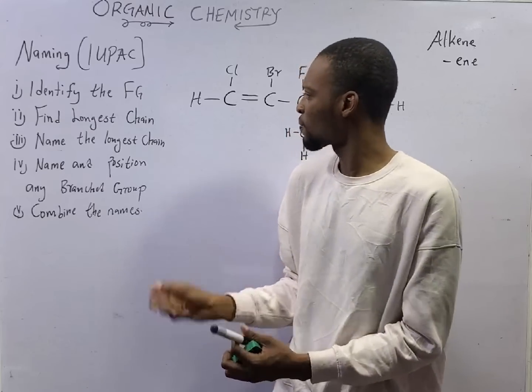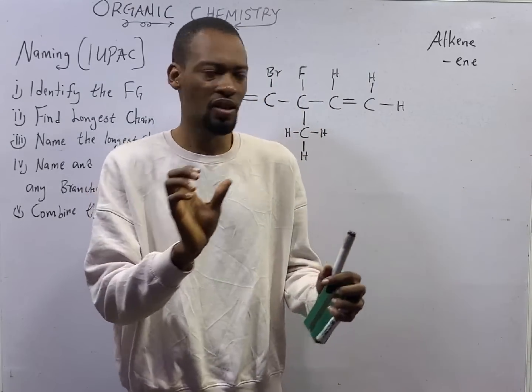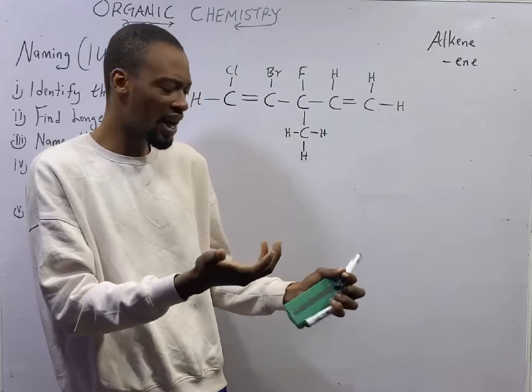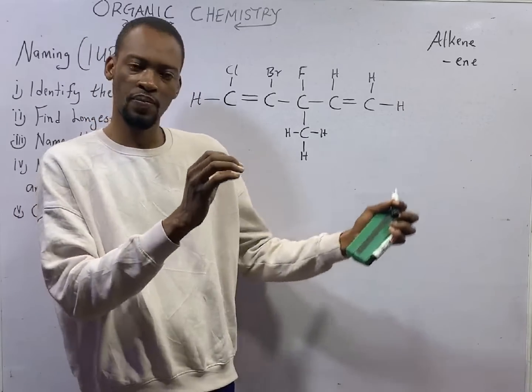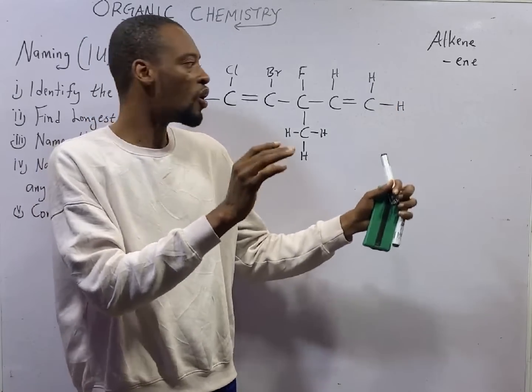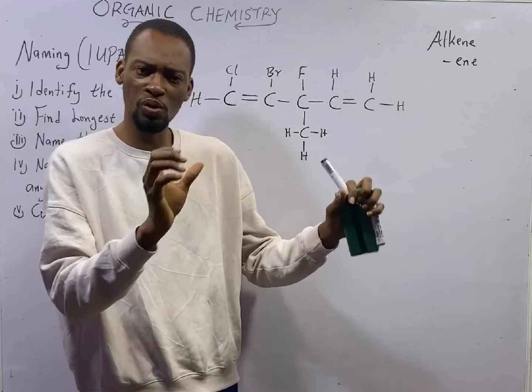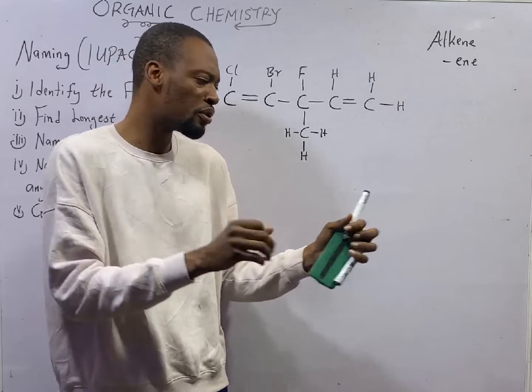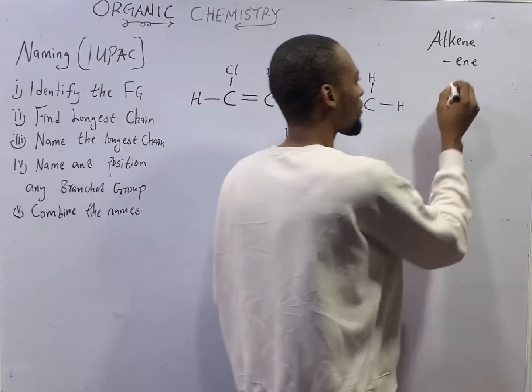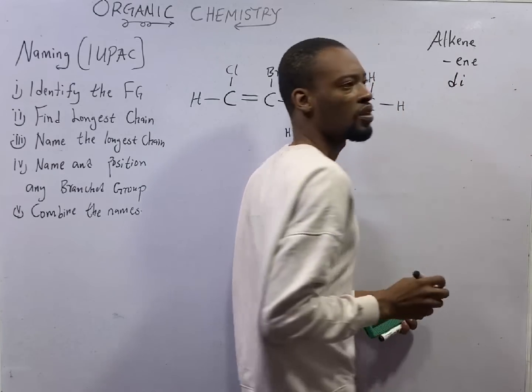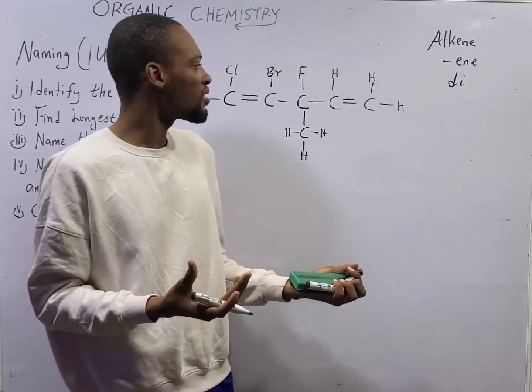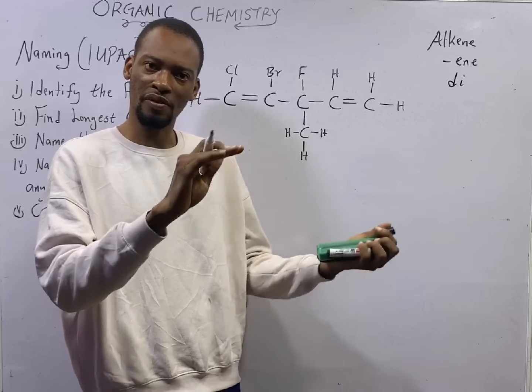And I told you that when there is presence of two similar things, either two similar branches, two similar groups, or two similar double bonds or triple bonds, there will be the presence of di. If we have three similar, there will be the presence of tri.